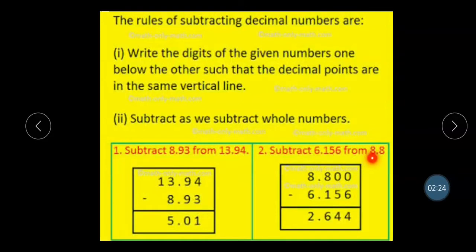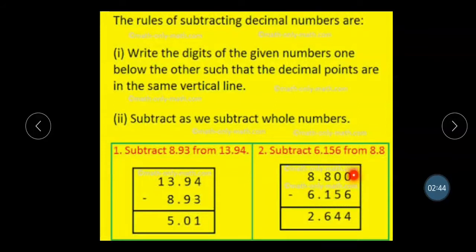Here you can see only a single digit, here you can see 3 digits. So here we need 2 more digits, so we will put zeros. So 8.8 will become 8.800, and this will remain as it is, that is 6.156.